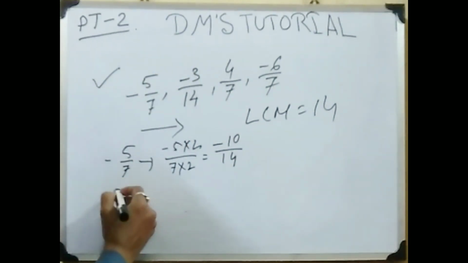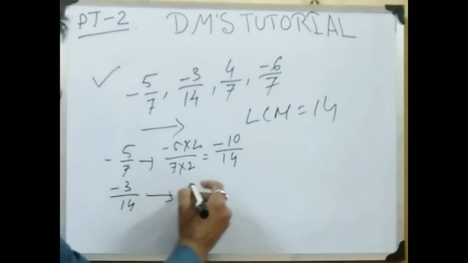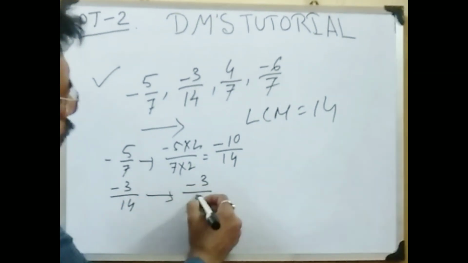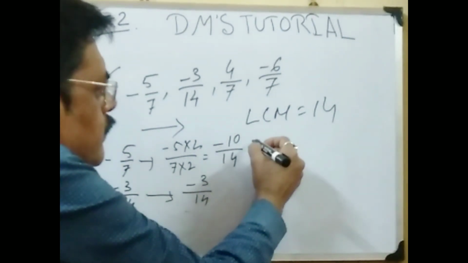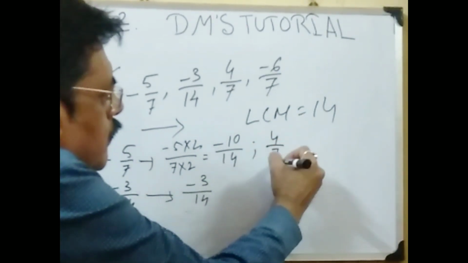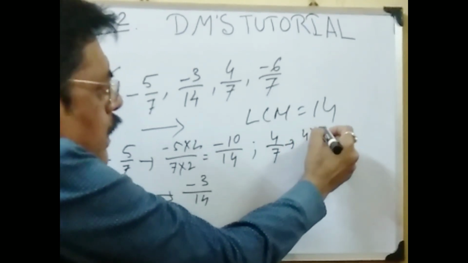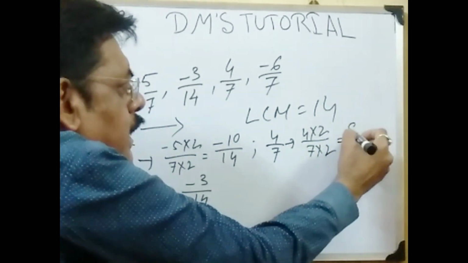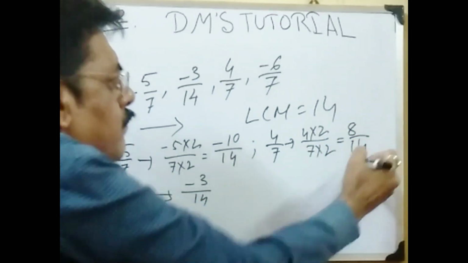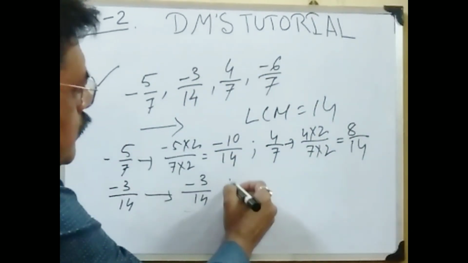Minus 3 by 14 stays minus 3 by 14. 4 by 7 is 4 into 2 by 7 into 2, that is 8 by 14, and minus 6 by 7 becomes minus 12 by 14.